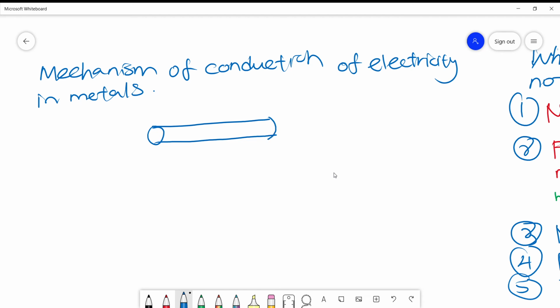So this is the wire, and this is the potential difference that is supplied to the wire, and this is the length of the wire, which is from this point to another point.